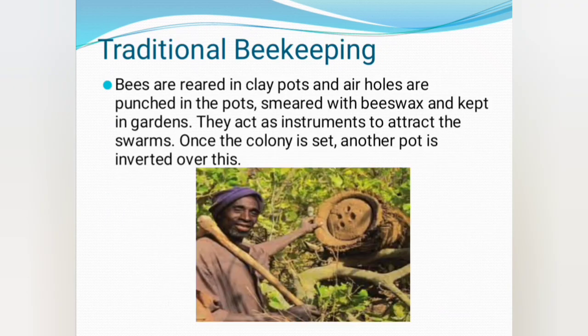Let us know about the traditional beekeeping methods. Bees are reared in clay pots, and holes are created on the pot so that air can pass through it, and beeswax is smeared inside the clay pots. This beeswax acts as a bait to attract the honeybees in the gardens and farms, and these clay pots are kept inside the gardens.